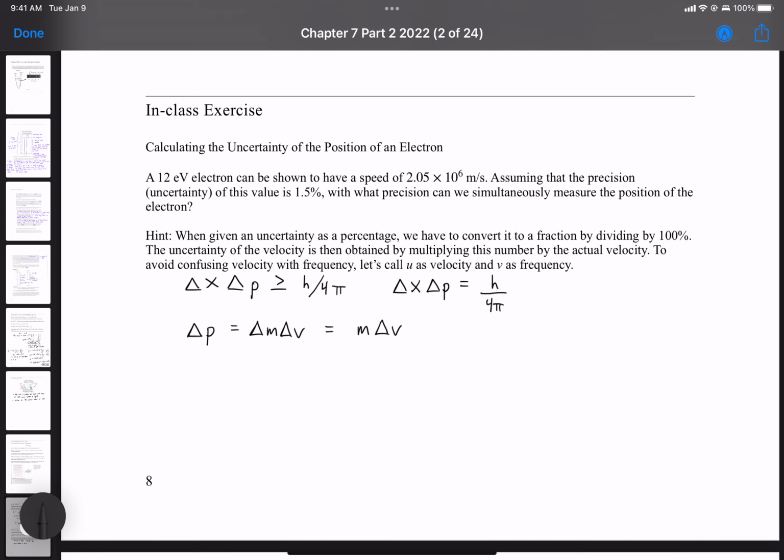And when we do that, delta v equals 1.5 percent, which as a decimal is 0.015, times the velocity here, 2.05 times 10 to the 6 meters per second. If we do that, we get the uncertainty in the velocity.